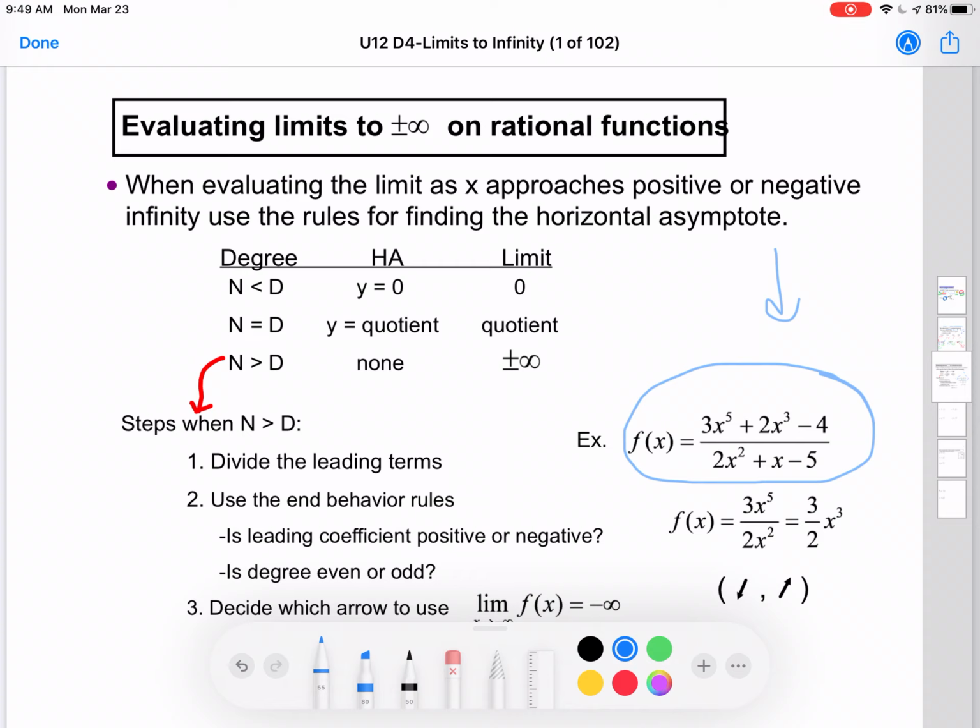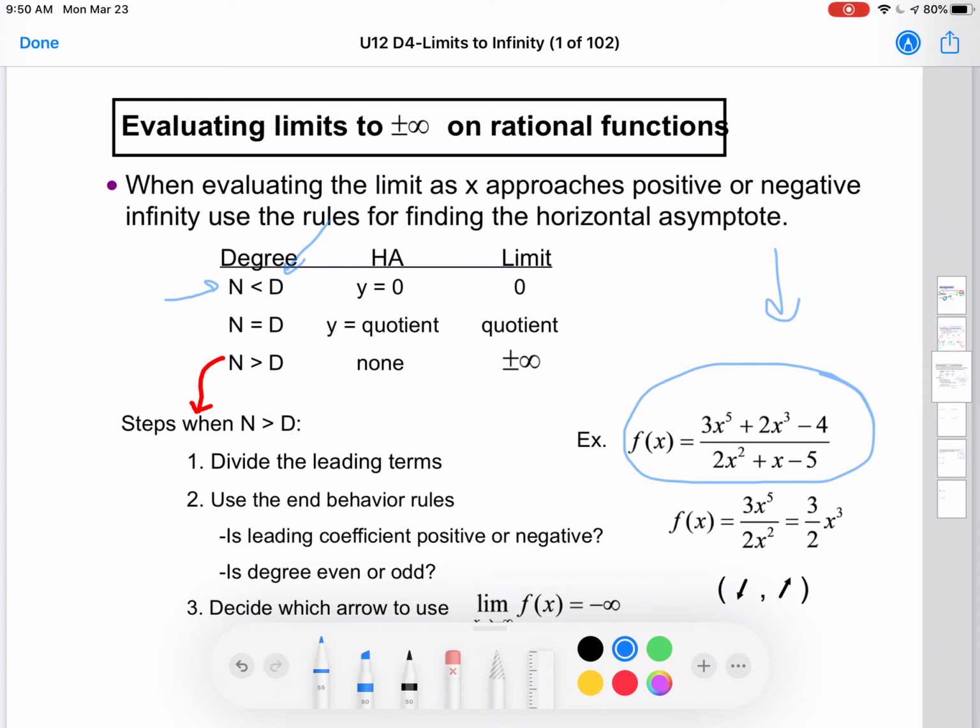So the first two situations, though, are easy. It's just the third situation we have to think about and do a little bit more work. So we're going to compare, just like we did for horizontal asymptote, the highest degree in the numerator with the highest degree in the denominator.